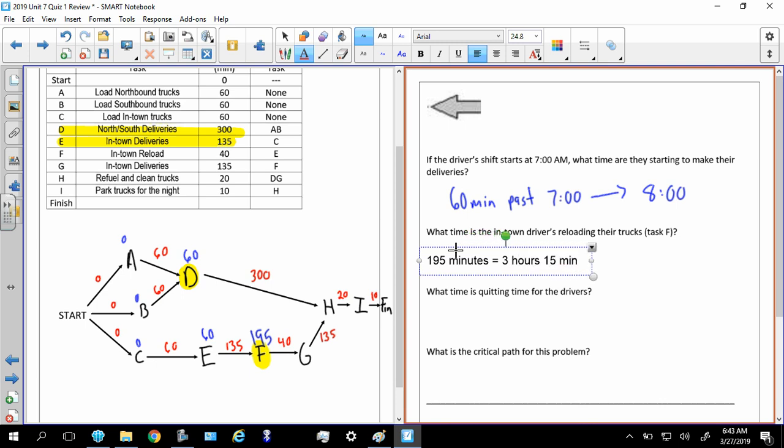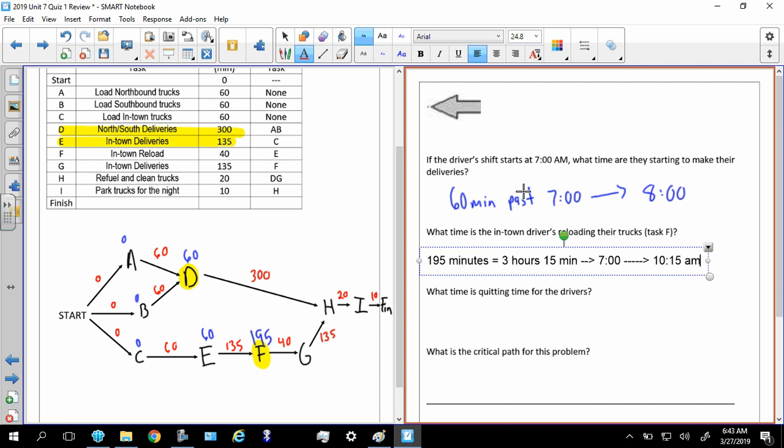Now, if the whole problem started at 7 o'clock, the answer would be 10:15 a.m. because that's 3 hours and 15 minutes after the start.